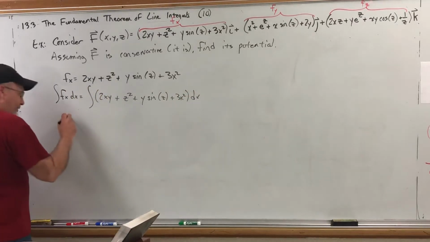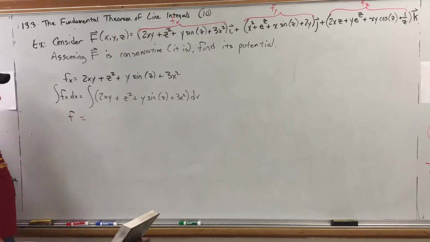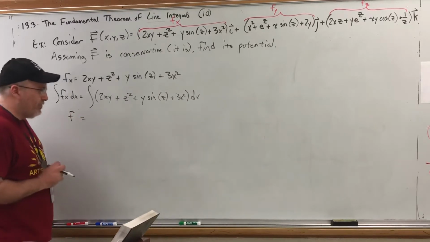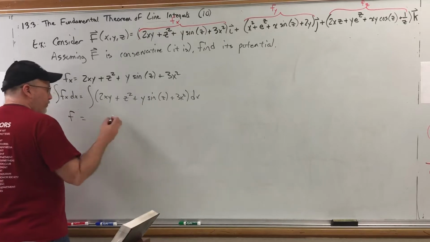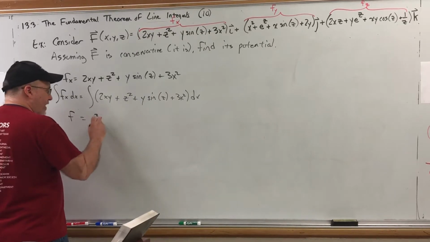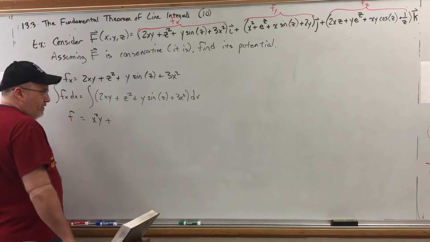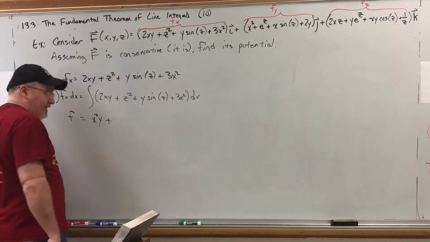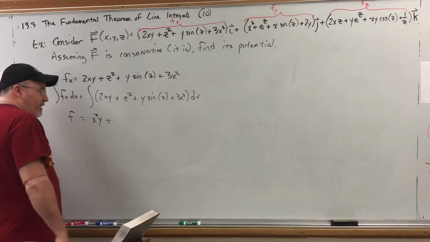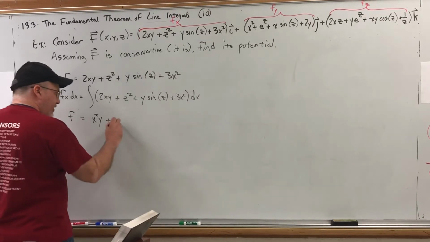That will recover the function, sort of, on the left, and now we integrate everything with respect to x. The integral of 2xy with respect to x is x squared y. The next 2 terms are essentially constants because they contain no x's, so for their antiderivative, you just stick an x on it.